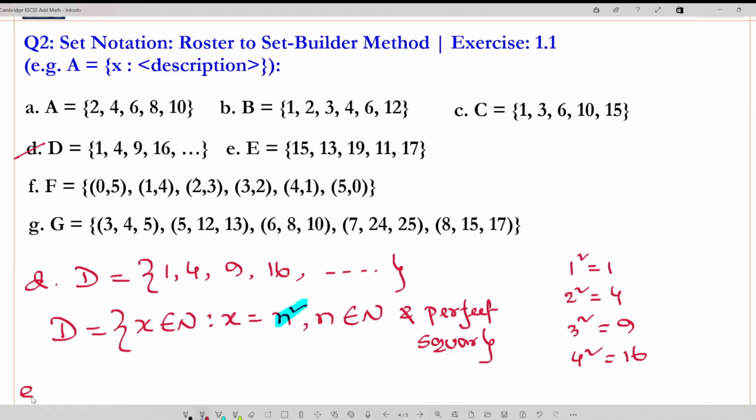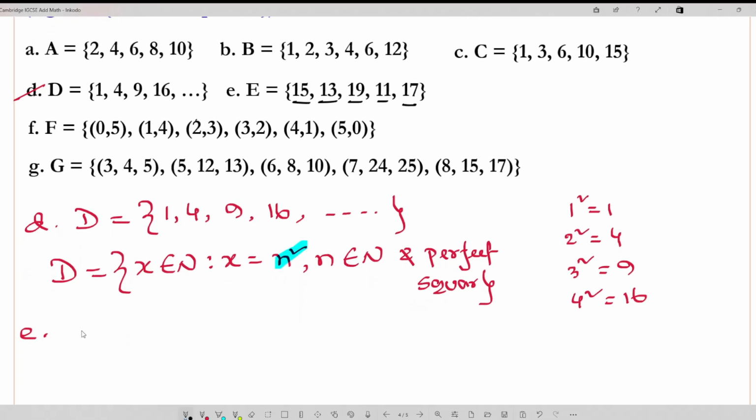Now number E. Here is 15, 13, 19, 11 and 17. So what is this? So we can write E equals to 15, 13, 19, 11, 17.